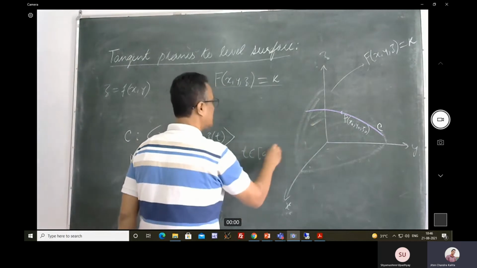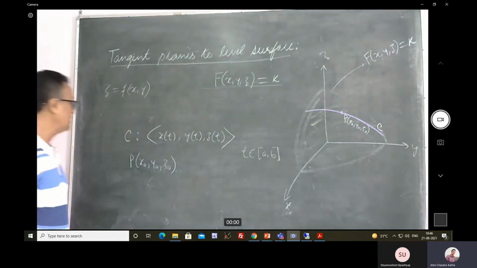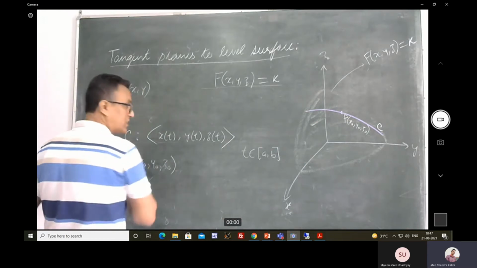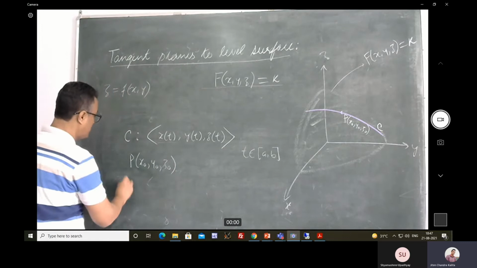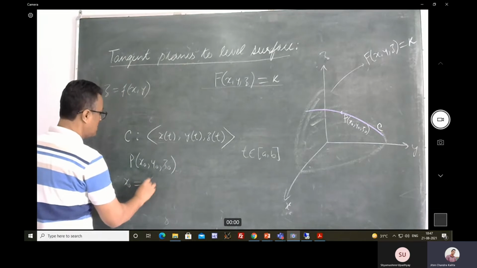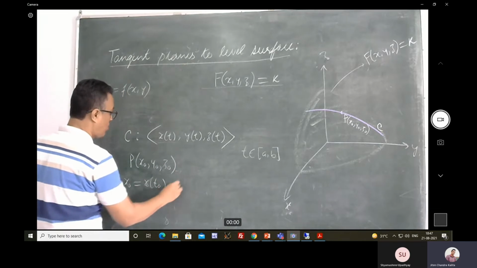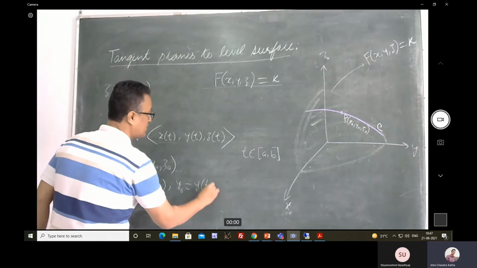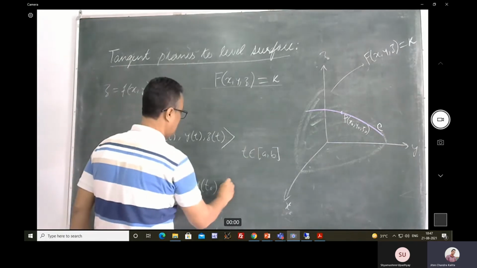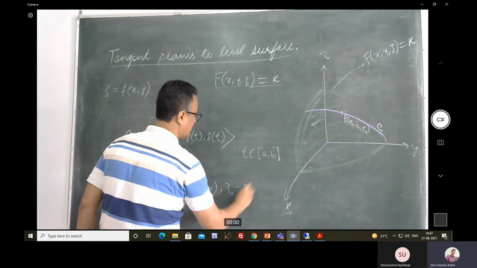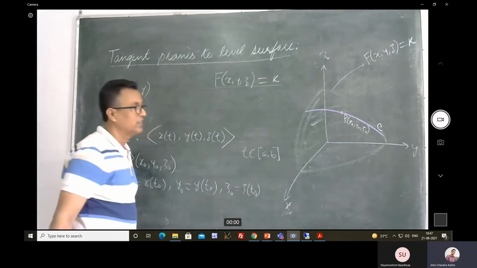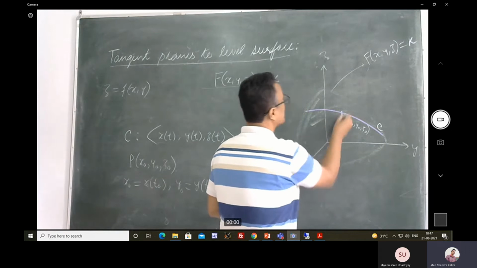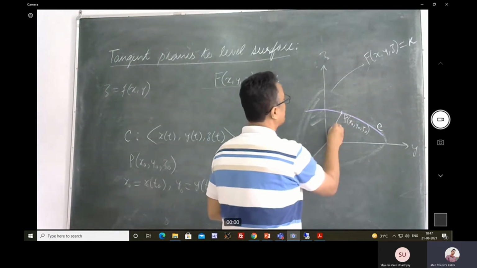Now suppose the point P, x naught, y naught, z naught, corresponds simply to the point t naught in this interval. Is it okay? Fine.